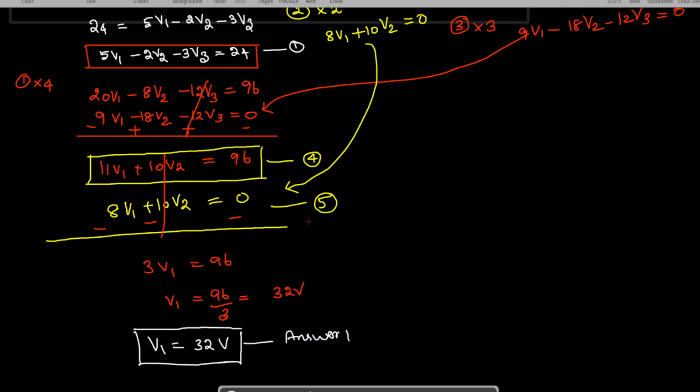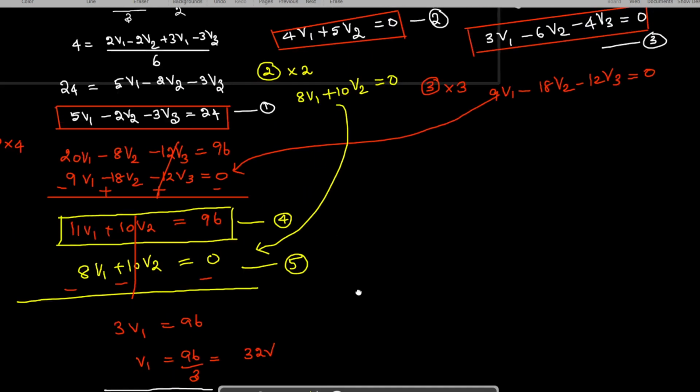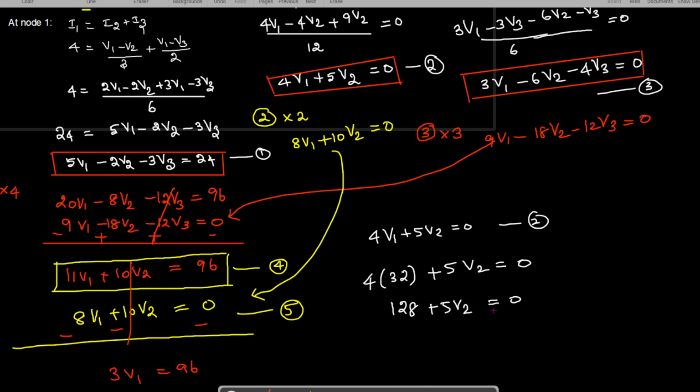Now this can be substituted in the fourth equation, or you can substitute in the second equation. This V1 can be substituted as 32 in the second equation, that is 4V1 plus 5V2, that is equal to 0. So this is 128 plus 5V2 is equal to 0.